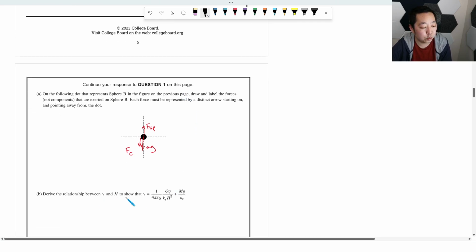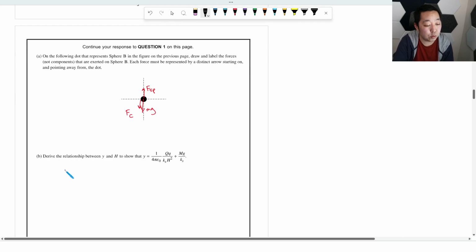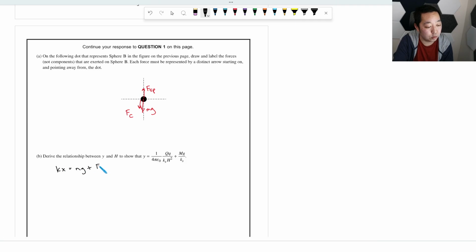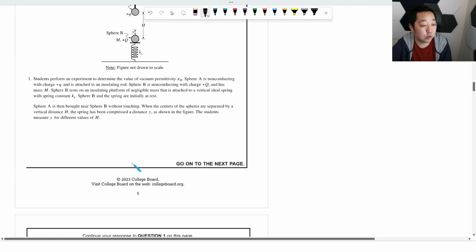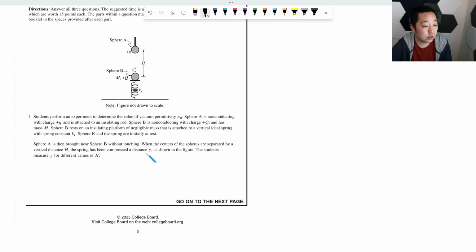Derive the relationship between y and h and show that this is true. So basically all the upward forces equal the downward forces. So the spring force should equal mg plus the Coulomb force. How do we know how much the spring constant is? It's Ks. Distance y is how much the spring is compressed in the figure.